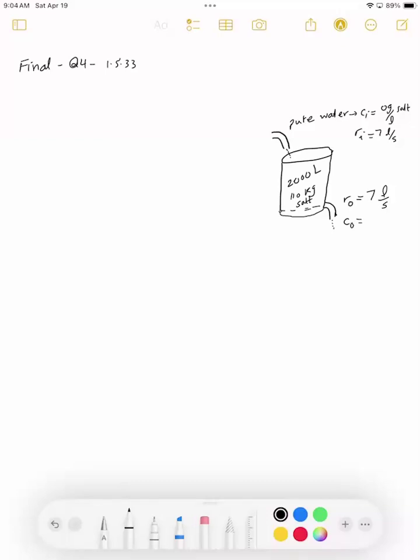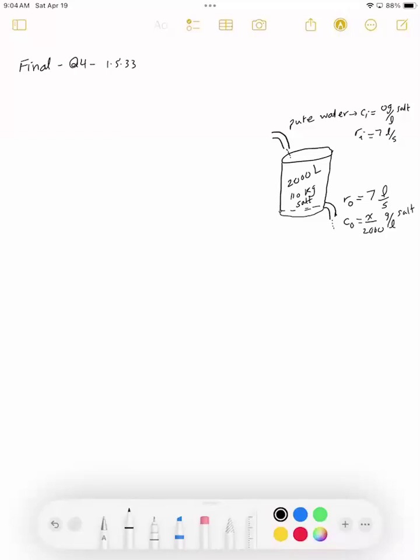The concentration of salt in the water that is getting out is unknown. We call it X, that's the amount of salt per 2,000 liters, so that is the amount of salt per liter. Because the pure water gets in, there is no longer going to be 110 kilograms of salt.